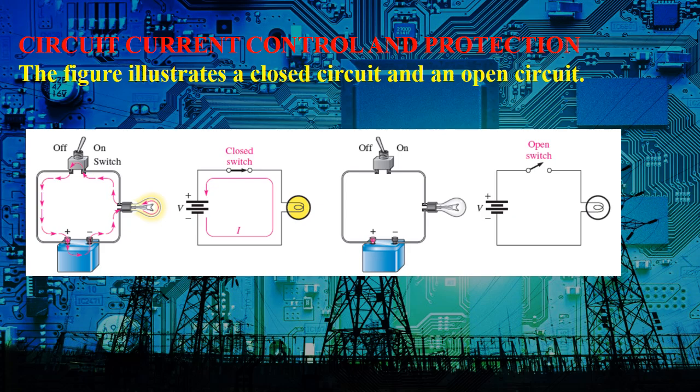The figure illustrates a closed circuit and an open circuit. We have two types of circuit. An open circuit is when there is a discontinuity somewhere, so current does not flow. Current does not flow through an open circuit. We have a closed circuit. That's when the switch comes into play.